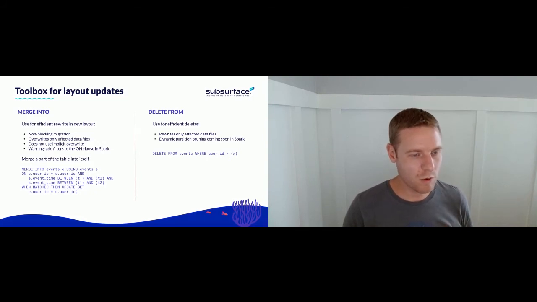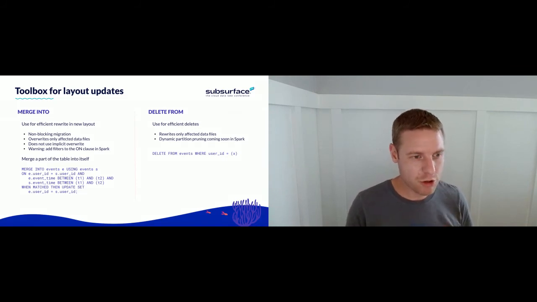In order to do this, we're going to merge events into itself. So MERGE INTO target table events E USING source table events S. And then we're going to match on user ID equals user ID or something like that. This is whatever makes the event unique, so this might have to be event ID. It depends on how many events are there for your users.